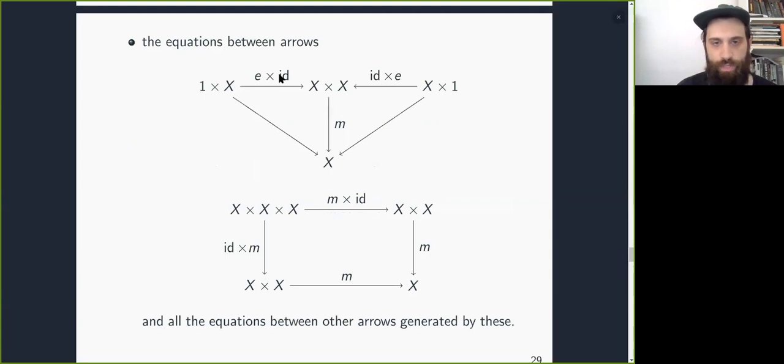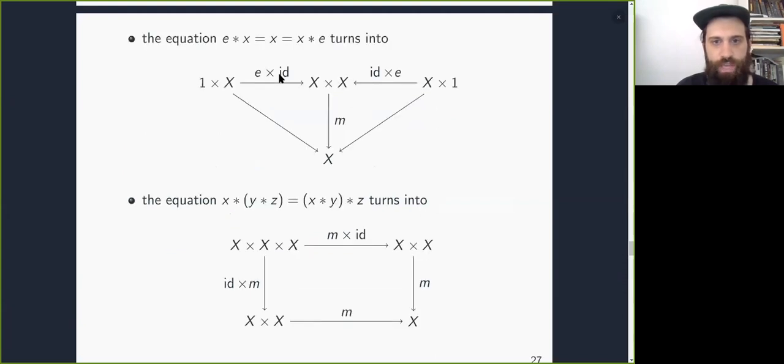We also have these equations between arrows in our Lawvere theory. And also, these are going to generate additional commuting diagrams, additional equations. Kind of like if you take an equation, let's say this left-hand side, E times X equals X. Well, now I can multiply on the right, on both sides of this equation, by another element, Y, and the equation still holds.